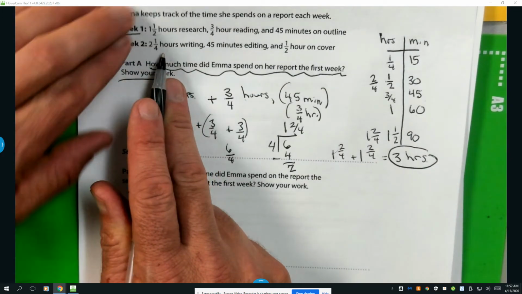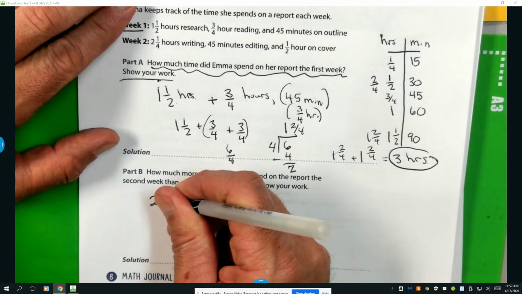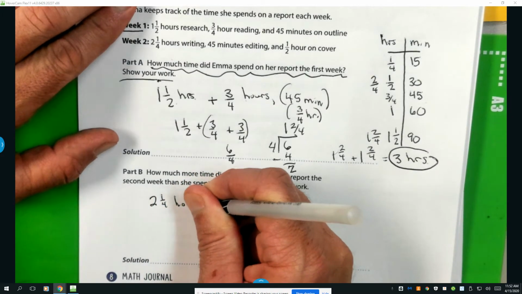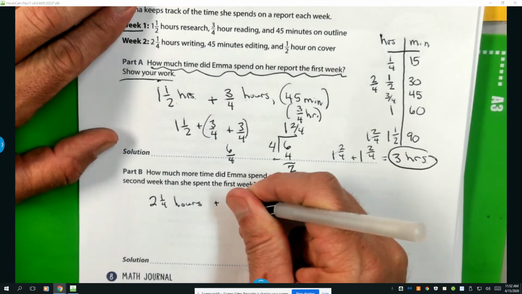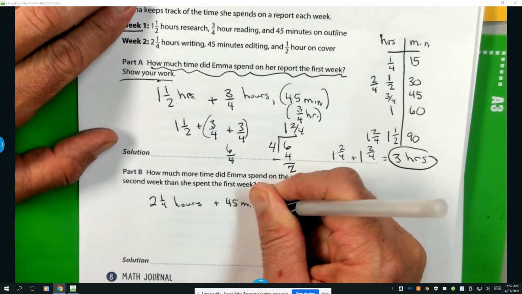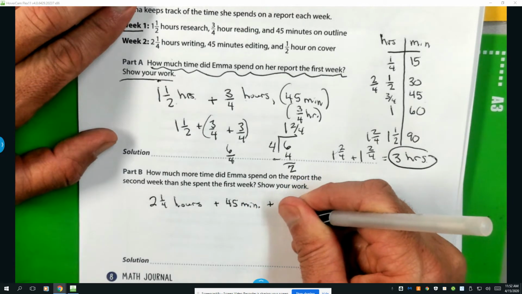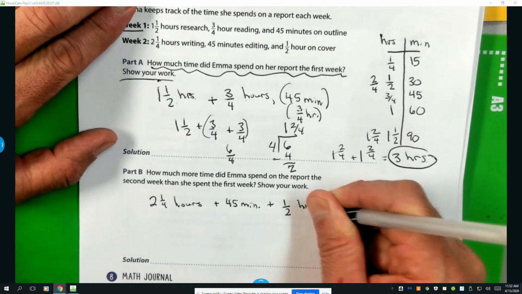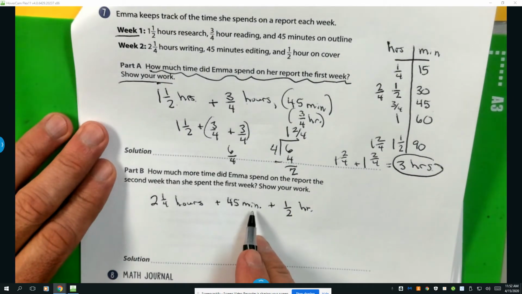So I'm going to take 2 1/4 hours writing, 2 1/4 hours, 45 minutes, plus 1/2 hour. All right. Now, which one of these things is not like the other?